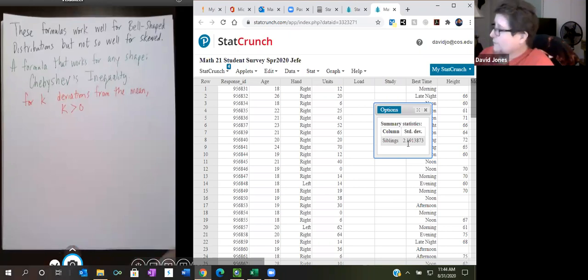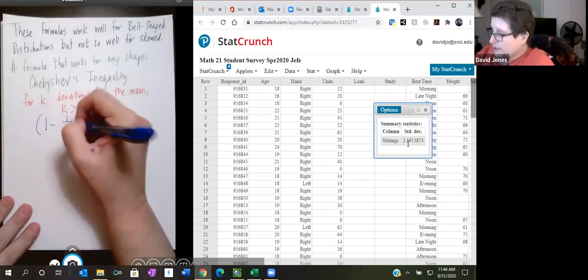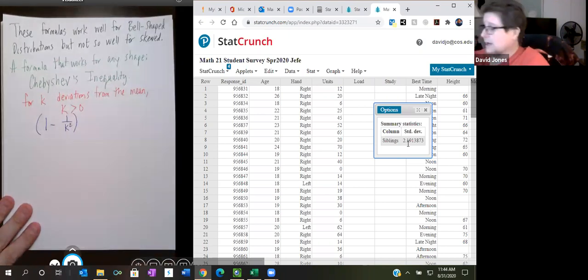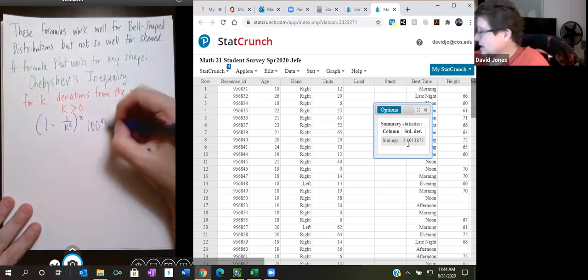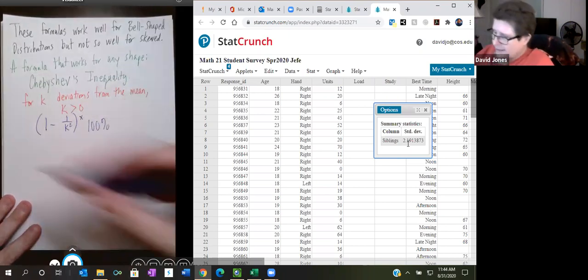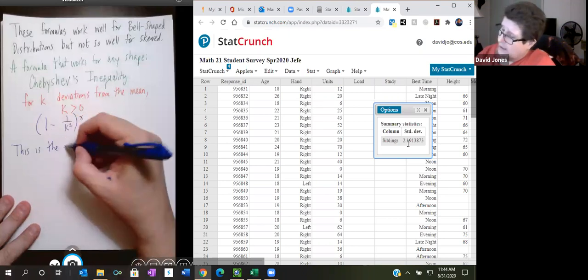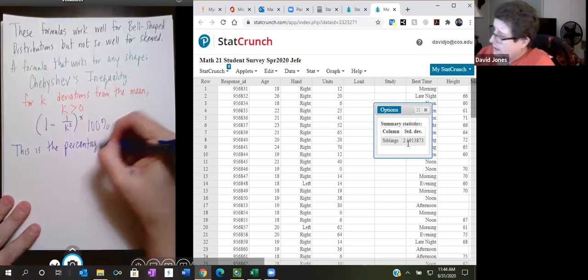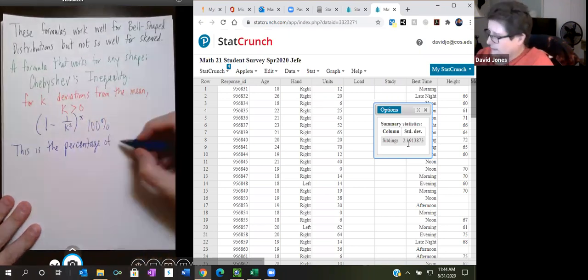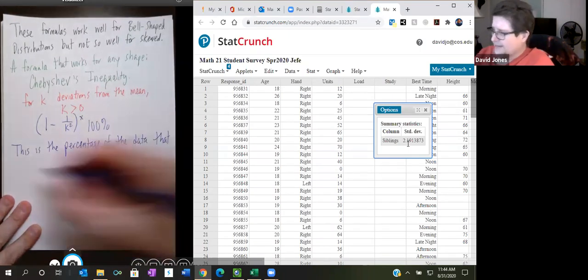We have this information: 1 minus 1 over k squared. We'll do that in parentheses, and then you multiply that by 100%. This is the percentage of the data that is within k deviations.